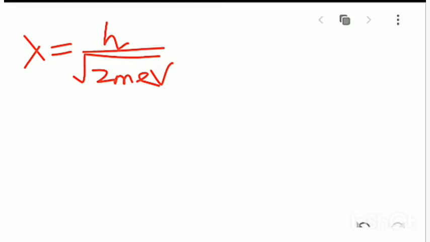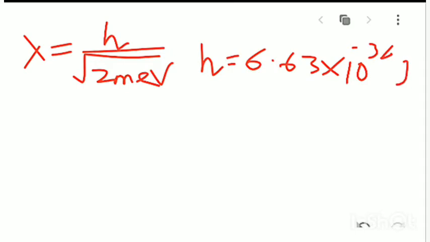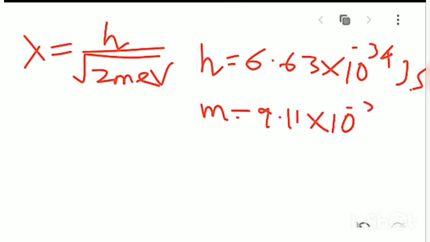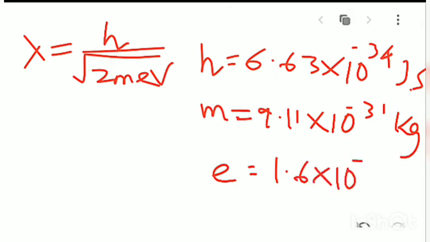We all know all the values: h equals 6.63 into 10 to the power minus 34, in units of joule second, the mass of the electron is 9.11 into 10 to the power minus 31 kg, and the electronic charge e is 1.6 into 10 to the power minus 19 coulomb. We all know these values of the quantities we use.